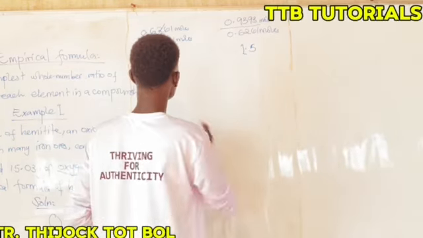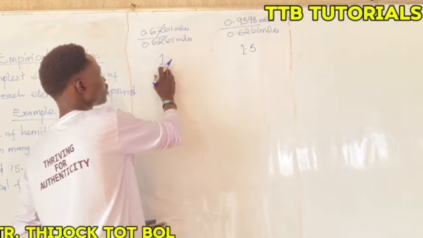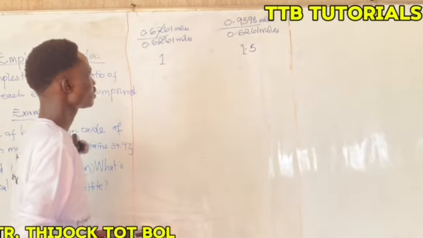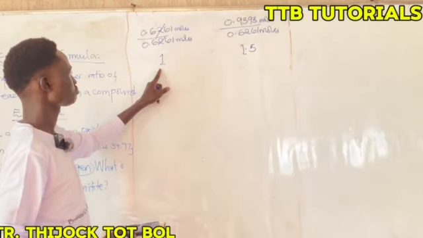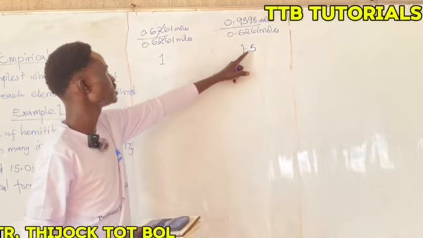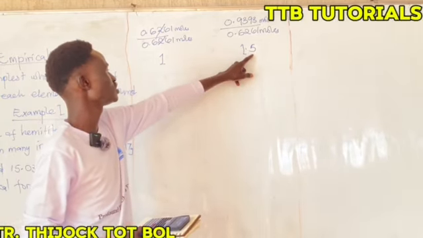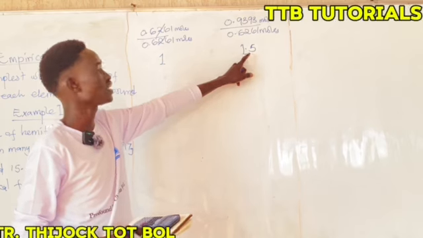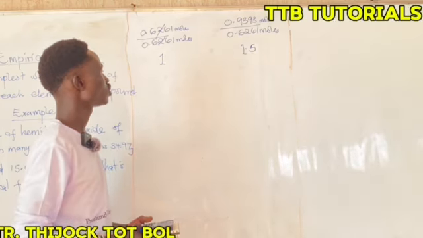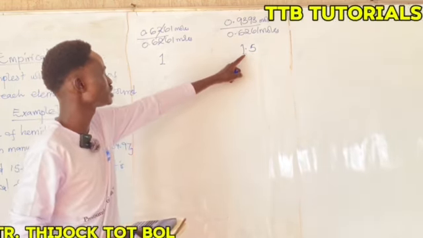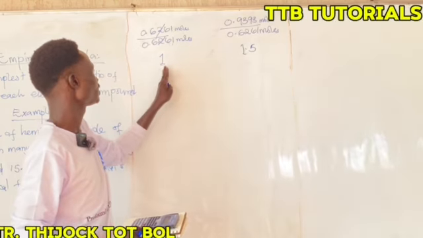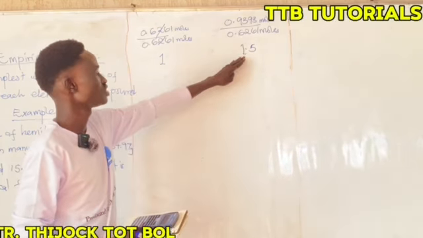So this is the molar ratio. But now since it is 1.5, we need to change this into a whole number form. Since this one is now in decimal, we multiply this with 2.